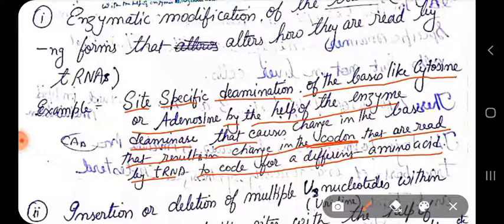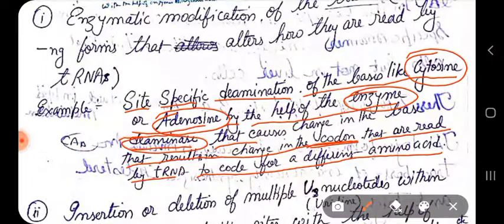So the first type of RNA editing is where, with the help of an enzyme, we modify the nitrogenous bases like cytosine and adenosine with the deaminase enzyme, which changes the codon sequence, to be read by a different tRNA to code for a different amino acid.